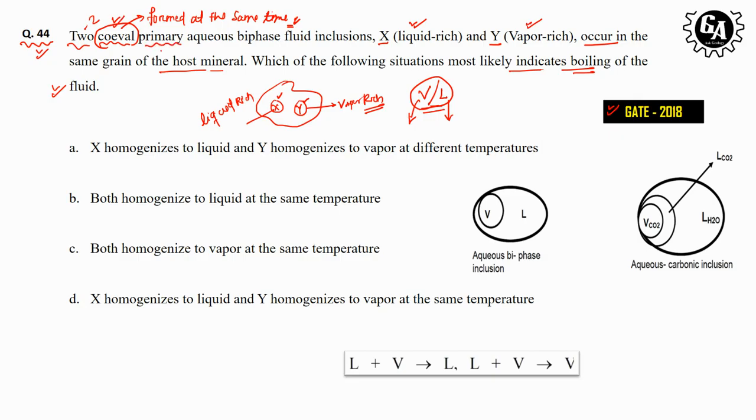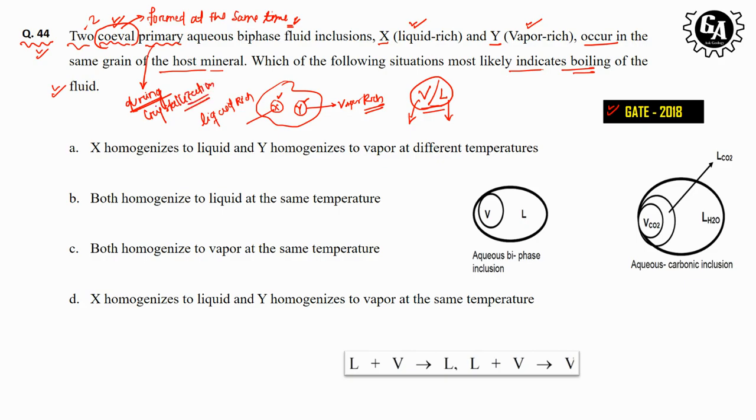And what does primary indicate? Before or during crystallization, whatever fluid inclusions are trapped are called primary fluid inclusions.